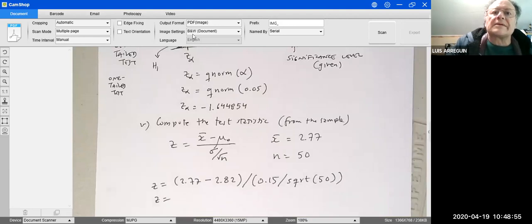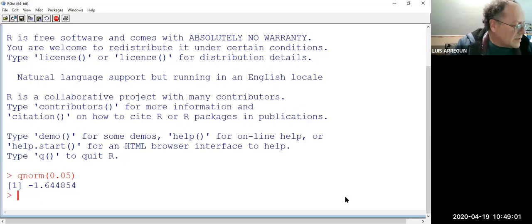So let's do these computations by using R again. So let's go and move to our R console. So we have parentheses 2.77 minus 2.82.